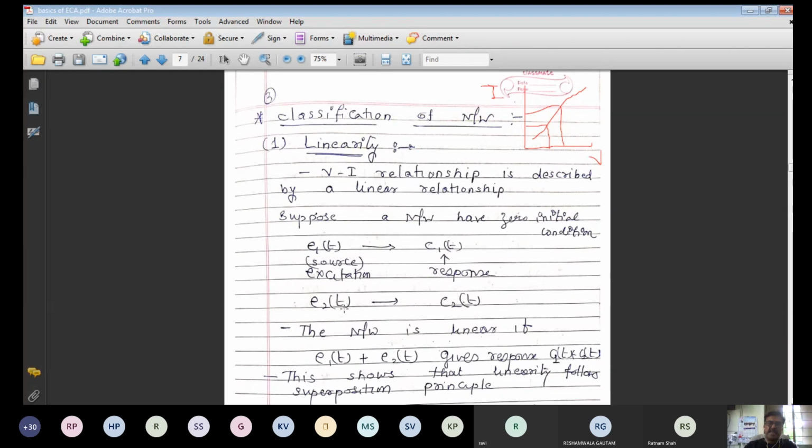Now suppose we have the voltage E2 instead of E1. If we apply E2, then the response is known as C2. That means the E1 response is C1, the E2 response is C2.